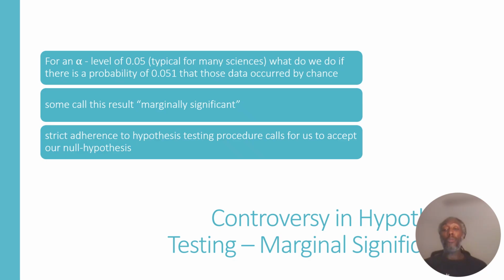I will caution you, if your results are very close, if your p-value is close to your alpha value, but just too much for you to reject your null hypothesis, collecting more data does not guarantee that the p-value will shift in your direction.